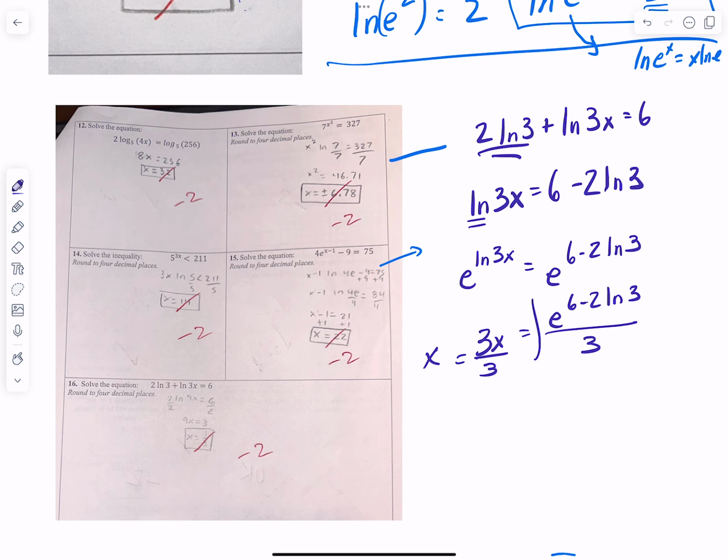So that's equal to x. So this is my answer, and then I have to calculate that out. So I'm going to type this in: e to the parentheses 6 minus 2 times log of 3, divided by 3, and I get, it wants 4 decimal places, 14.9418.